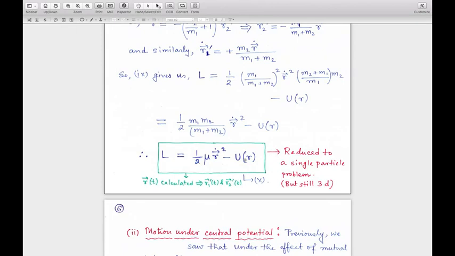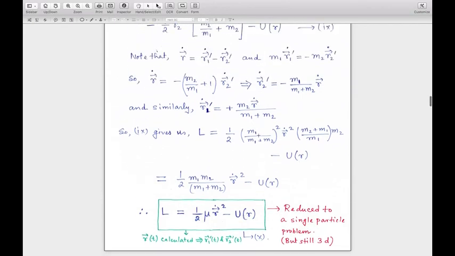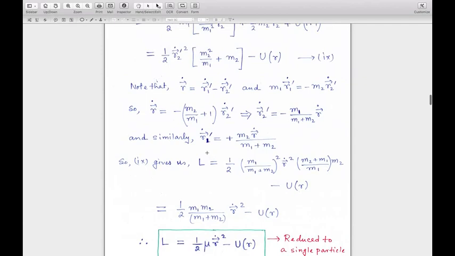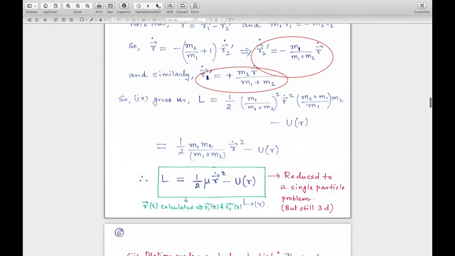And using that, you can integrate properly and find r of t. Now, when small r of t is calculated, r1'(t) and r2'(t) as a function of time can also be calculated just by using these two relations.